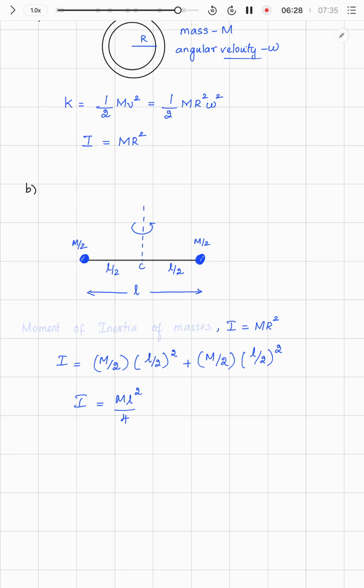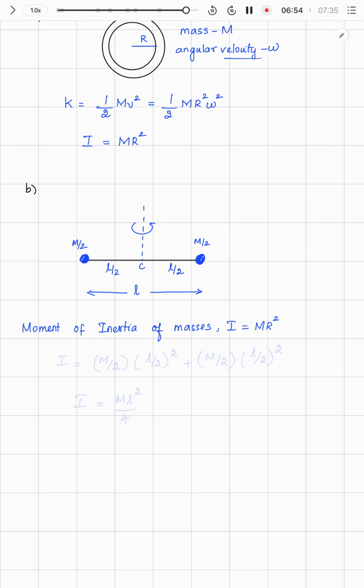Then the moment of inertia of the masses is given by, so we know that I is equal to mass into the square of the radius.